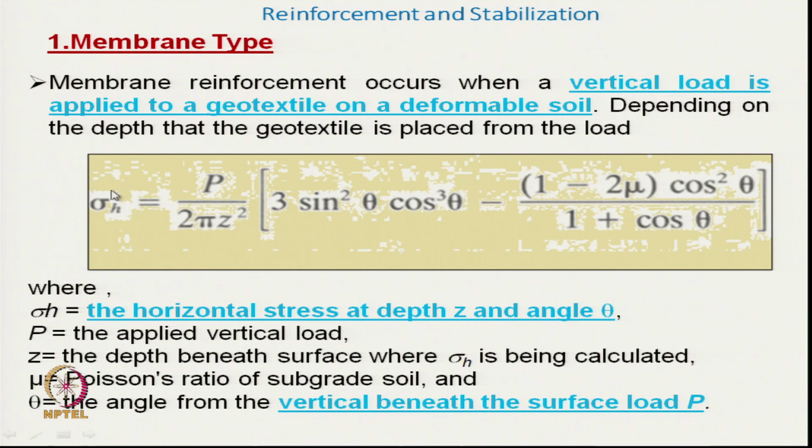Horizontal stress is expressed using this equation, where P is the applied vertical load on the structure, Z is the depth beneath which the geotextile is placed, mu is Poisson's ratio of subgrade soil, and theta is the angle from the vertical beneath the surface where P load is applied.